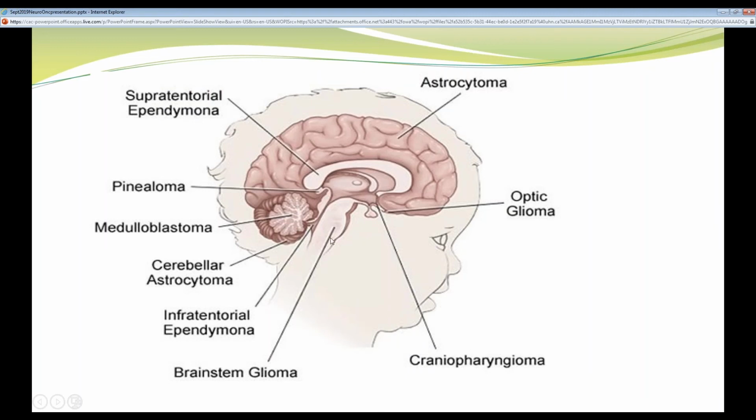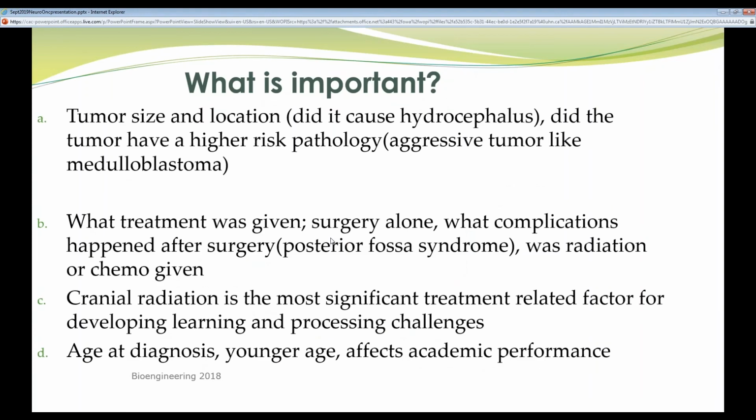Was it infratentorial? I say that because there's emerging research that talks about why that's important, so that we know that if someone just had extra fluid, they can also have a chance of having learning and processing problems. Initially we thought if we gave people lots of treatment, that could cause lots of challenges, but it tends to be that even the extra fluid can cause a potential challenge.